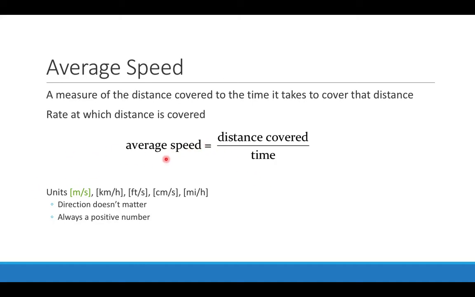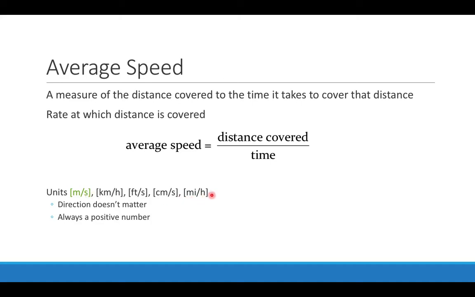So when we're talking about speed, the units that we use in physics, the standard units that we use for length are meters, and the units that we use for time are seconds. So this is highlighted in green because that is the standard unit in physics that we would use. But of course, we know that there are other units that we could use.